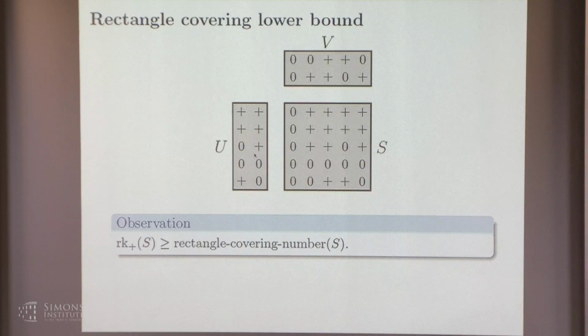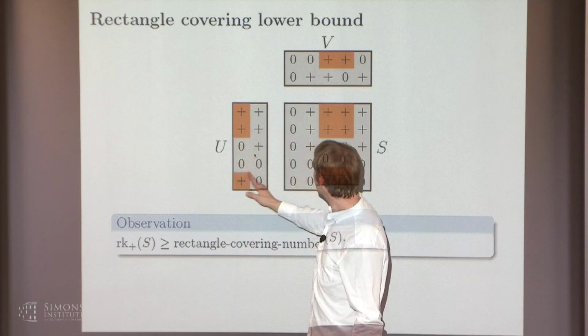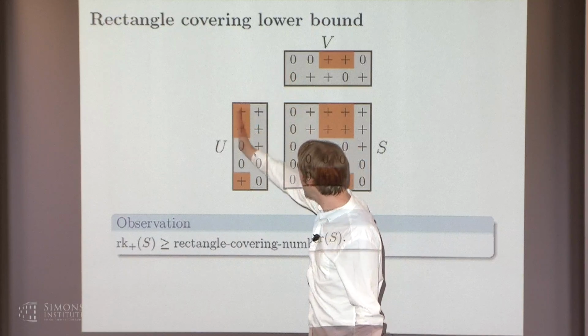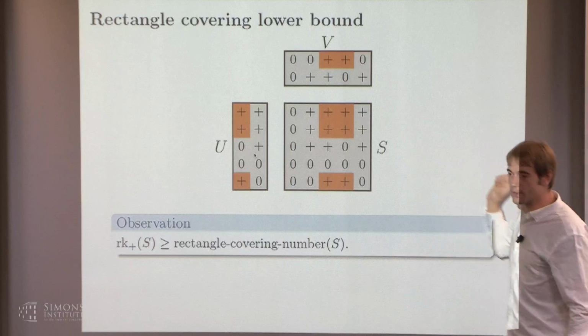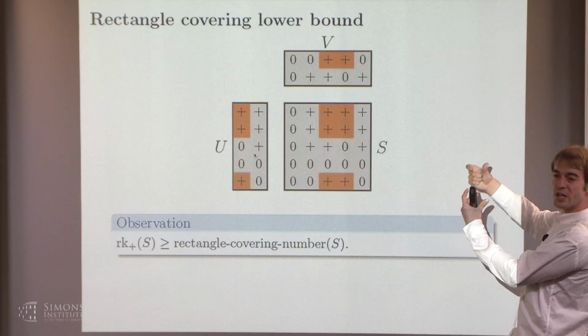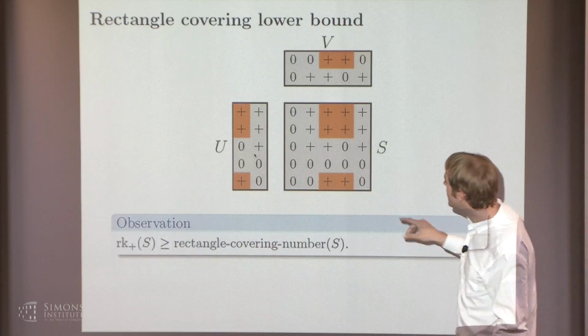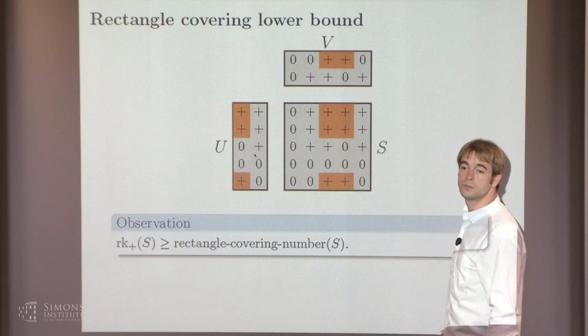Now, if you look at the first column of U and the first row of V, and you look at the positive entries, then they actually induce what's called a combinatorial rectangle. And in that combinatorial rectangle, the matrix is only going to have positive entries.